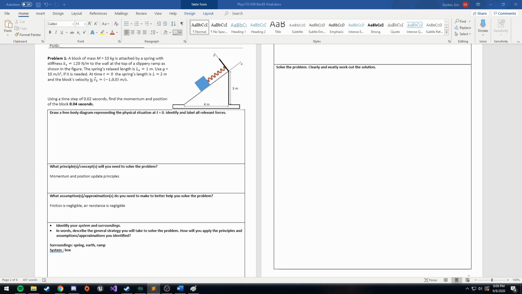And then in your argument, incorporate why the chosen principles, concepts, and assumptions and approximations are relevant to your proposed solution. Just because we didn't have to take into account friction and the resistance, so it was relevant because didn't it say it's on a slippery surface?